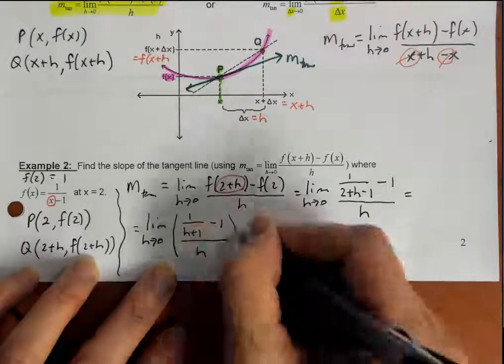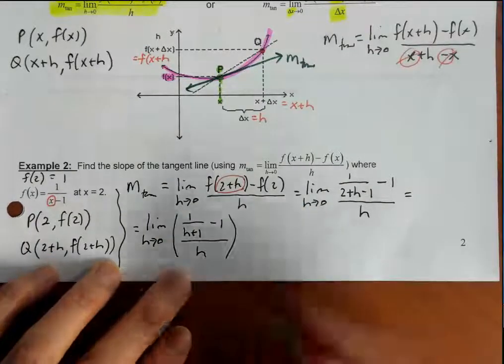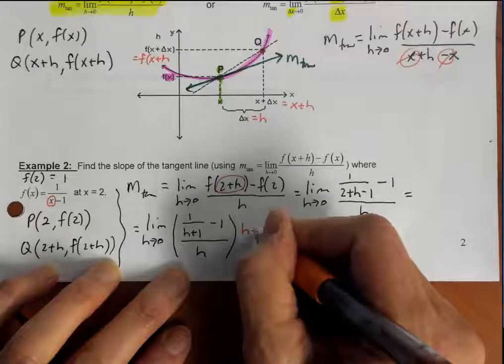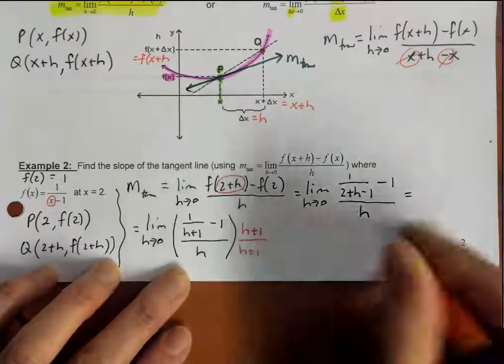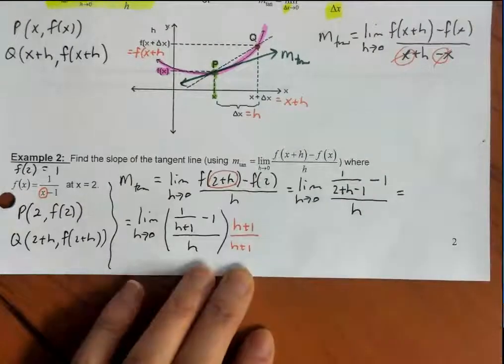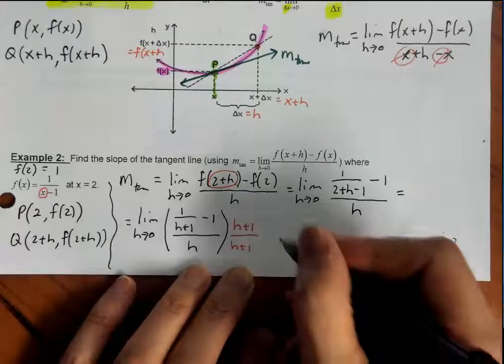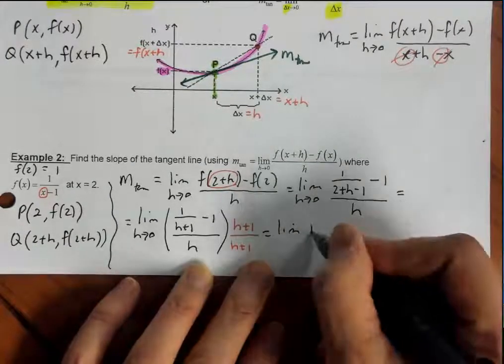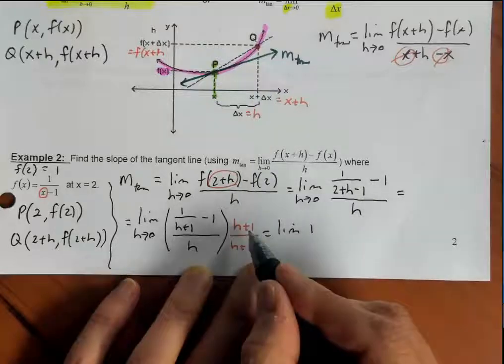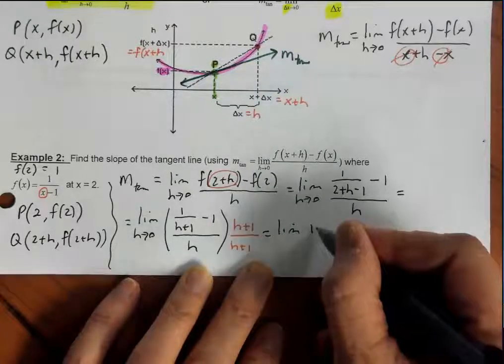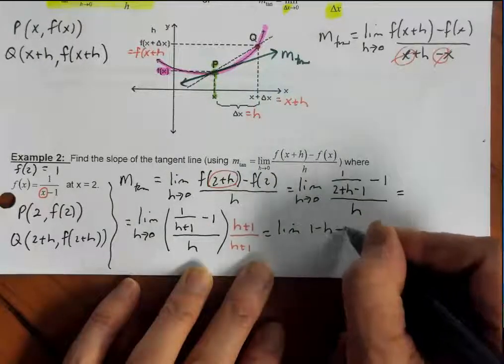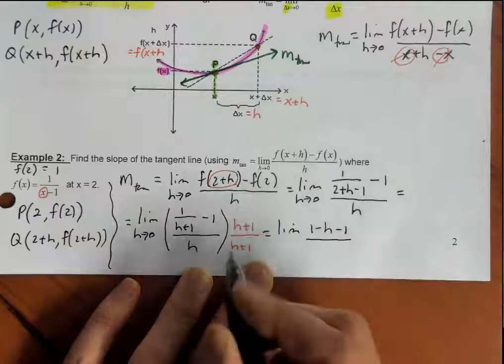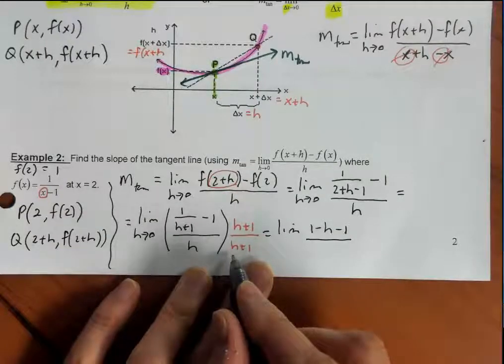Multiply top and bottom by h plus 1. So then if I distribute that through, that'll give me limit. And this times this gives me a 1. And then this times this, I have to distribute the negative. So that'll be a minus h minus 1, all over, and then don't multiply this denominator out. You just leave it exactly like that.